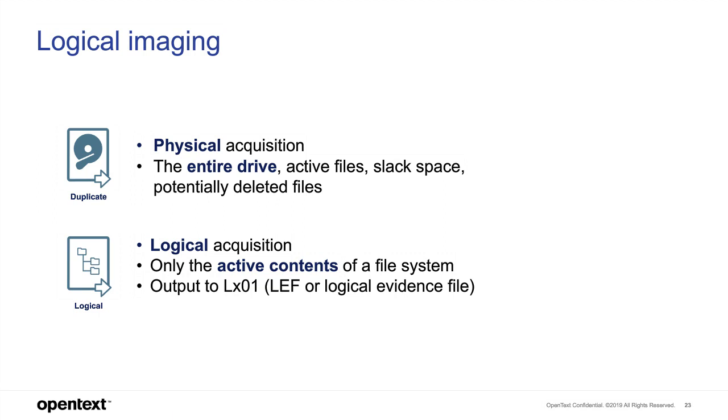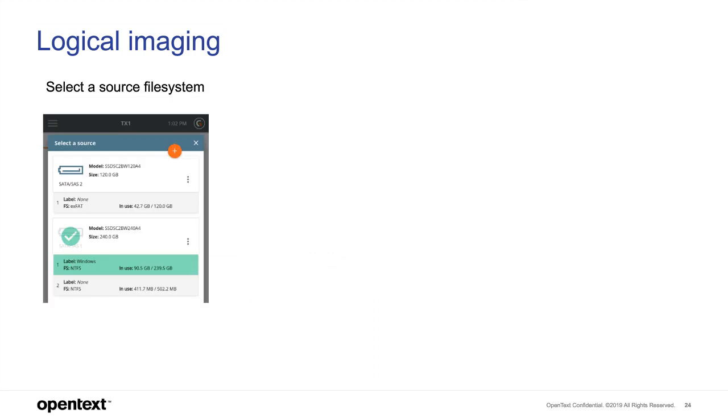So let's say you're investigating a 2 terabyte drive with 180 gigabytes of active files and folders. Well, just make a logical image of that drive and leave out all the slack space and deleted files. Now you're capturing less than 200 gigabytes to your destination media instead of 2 terabytes, which means you're consuming far less destination media and the associated processing and carving time for less data.